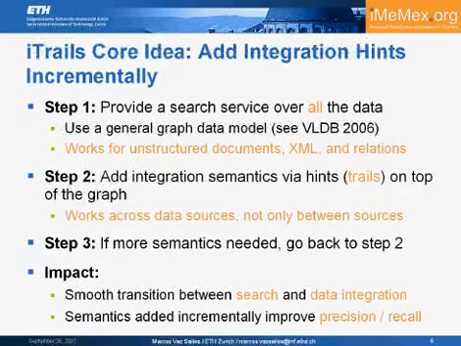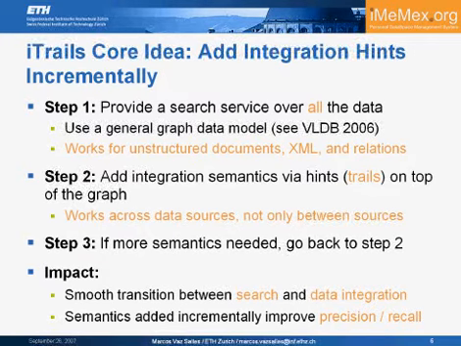Our method for pay-as-you-go information integration is called iTrails. The core idea of our method is to add integration hints incrementally. In a first step, we provide a search service over all the data by representing the data into a general graph data model. This means that our approach works for a number of data representations, such as XML and relations.